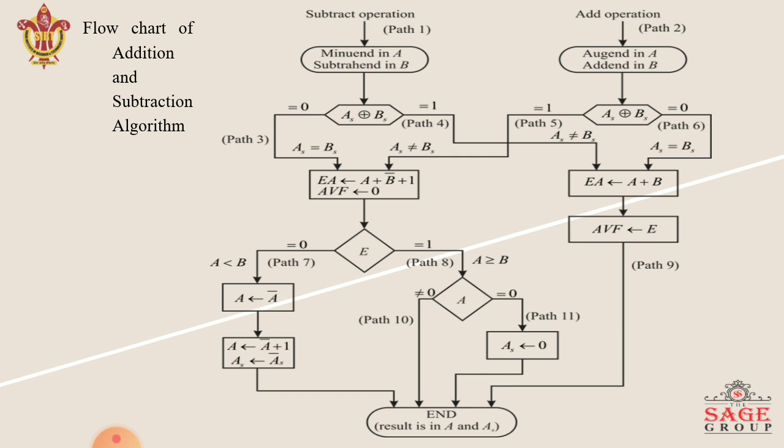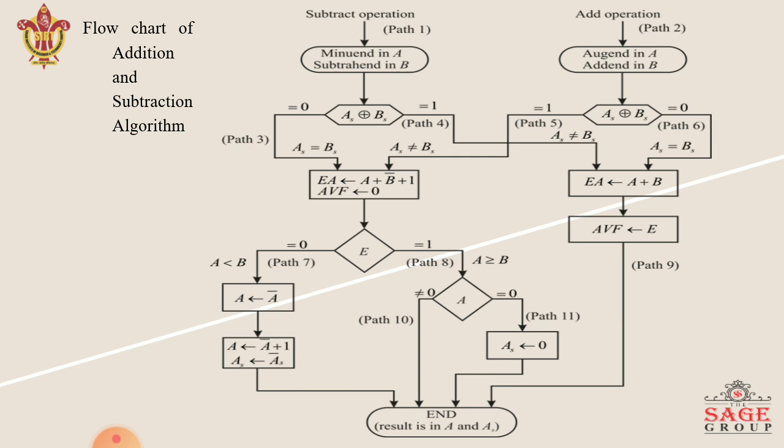If we get different signs in AS and BS, then the output becomes 1, and if we get the same sign, we get the output 0 and follow path 3. And if we get different signs, then we get 1 and we follow path 4.